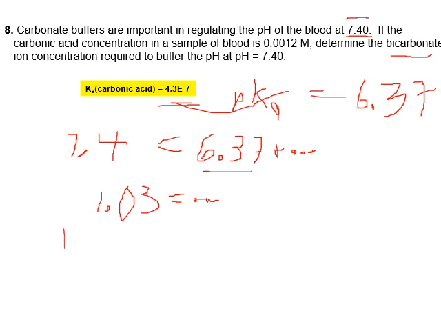So 10 to the 1.03 is going to be just a little bit more than 10. And then raise this side to 10 to the power of log something. And when you do that, the 10 and the log cancel. And we're going to have B over A here.